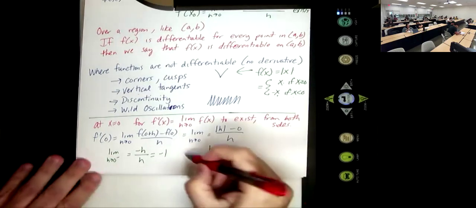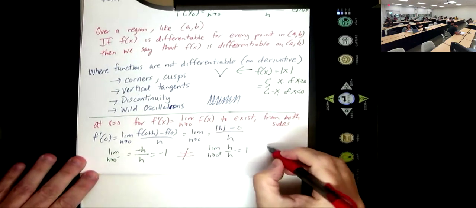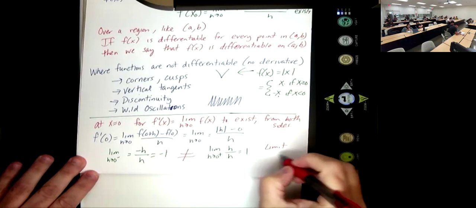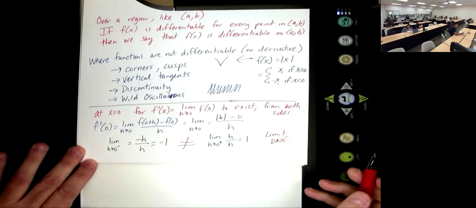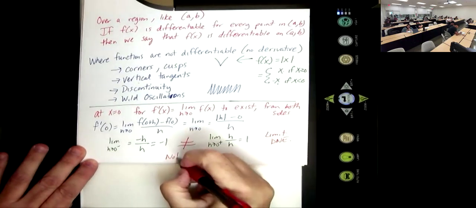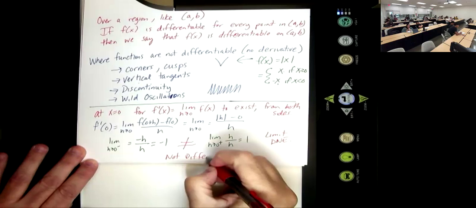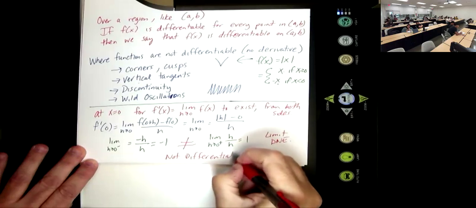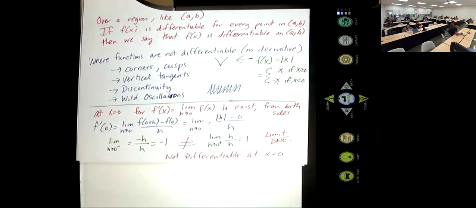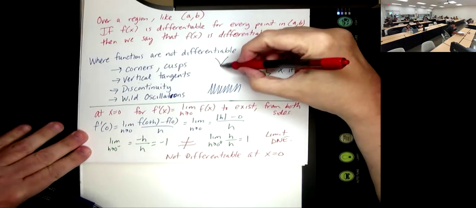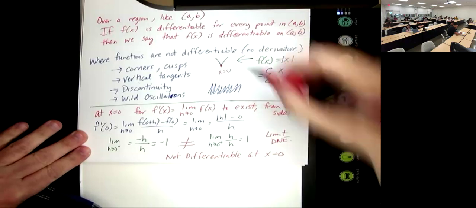And these two don't match, so the limit doesn't exist, and it's not differentiable at x equals 0. There's no derivative there. And it's because it makes a corner there. That's where x equals 0. It's a corner.